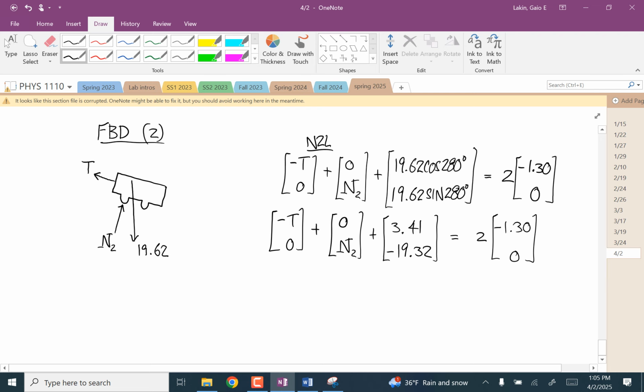That's negative just because that's what we calculated in the first step. And then the x equation says negative T plus 3.41 is equal to negative 2.60.